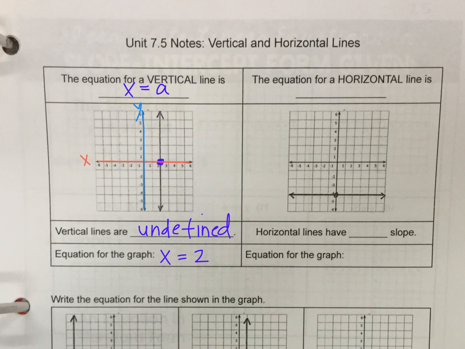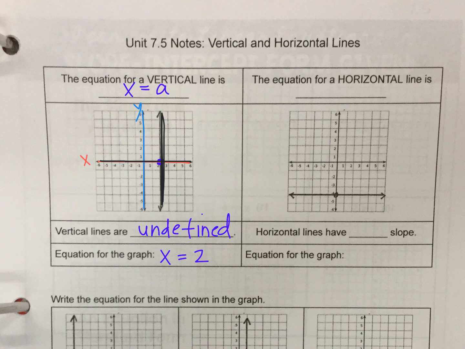So that's how I know that it's an x dot, x equals 2. But when I go to draw that line, if I were to draw it side to side, it just blends in with the x line. I can't see it. That's how I know that I need to draw it up and down. So x lines are always up and down.